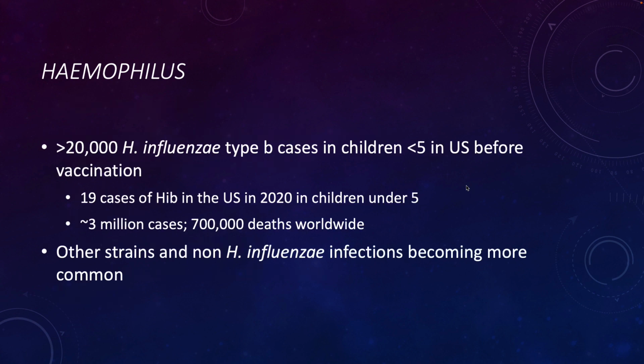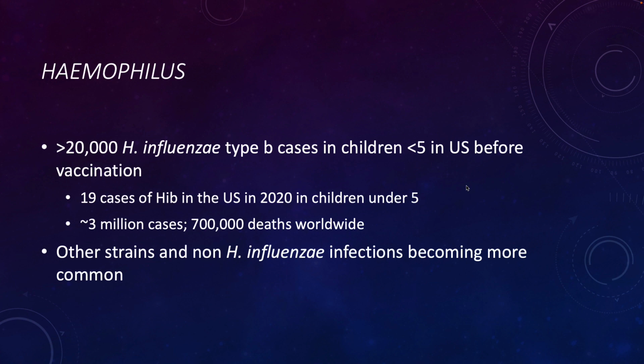The more dangerous serotype, Haemophilus influenzae type B, was relatively common in children before vaccination, over 20,000 cases per year in children under the age of 5. Since the introduction of the vaccine, the most recent data I could find, there were only 19 cases of Haemophilus influenzae type B, sometimes abbreviated HIB, in the US in 2020.